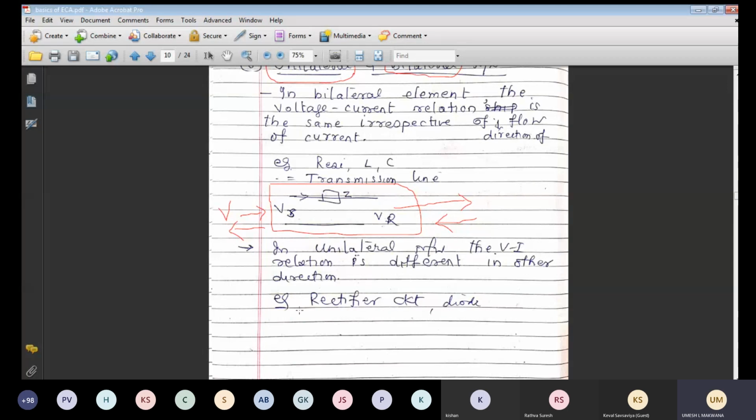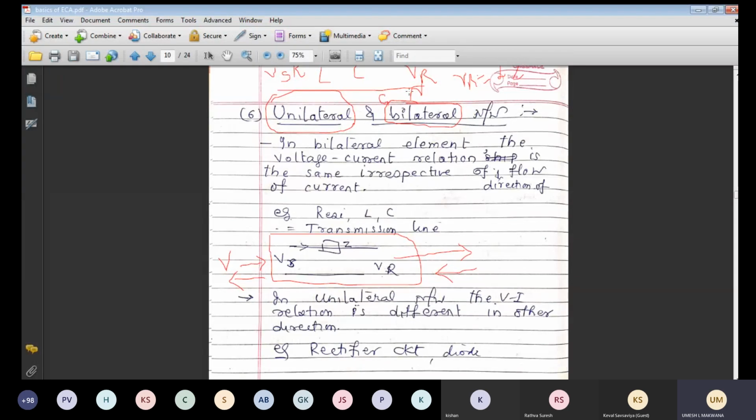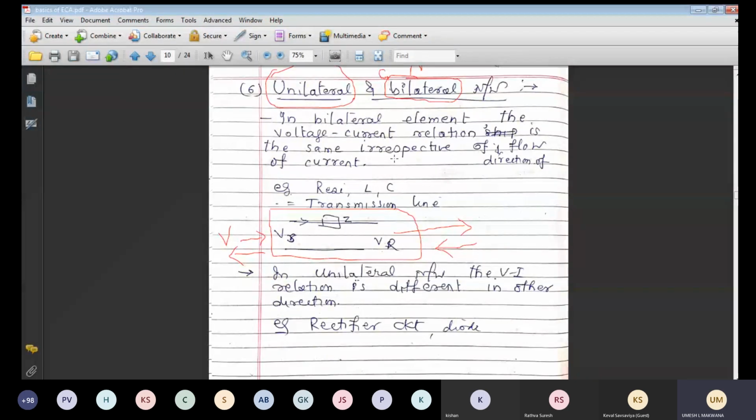There is no difference, because the impedance offered is the same as we interchange the position of sending and receiving voltage. It means the performance of the transmission line is the same in both directions. Such a network is known as a bilateral network.